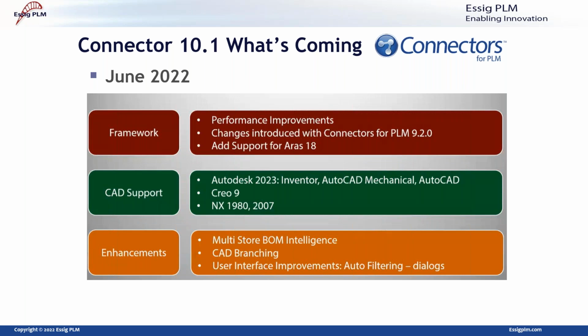Creo 9 is due to be released in early May, so we'll incorporate support for that, as well as NX 1980 and 2007. Additional enhancements: multi-store BOM intelligence, CAD branching has been of interest for quite some time for us, and then additional user interface improvements, auto filtering, dialog boxes, etc. So we're always looking to enhance our connectors and get feedback from our user community.